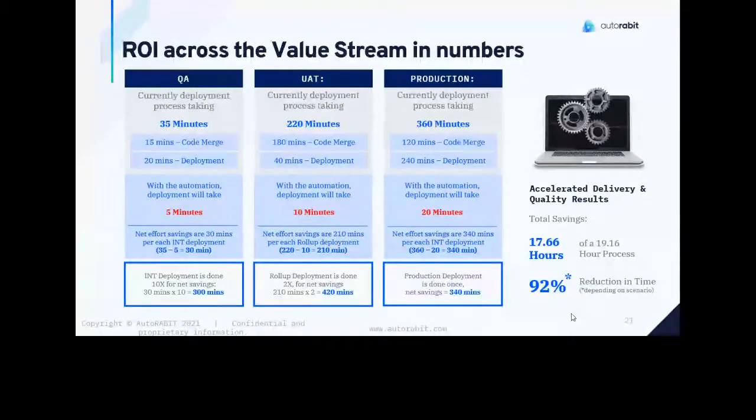Somewhere it could be resource crunch, somewhere process inefficiencies, somewhere with fewer resources they have to work on multiple projects, somewhere it could be dollar savings, and somewhere process improvements, innovation or continuous improvement over a period of time, right? So because of that, we have tried to create different kinds of ROI use cases, where this particular use case mainly refers to the life cycle or value stream of quality automation, testing automation, UAT, and production.